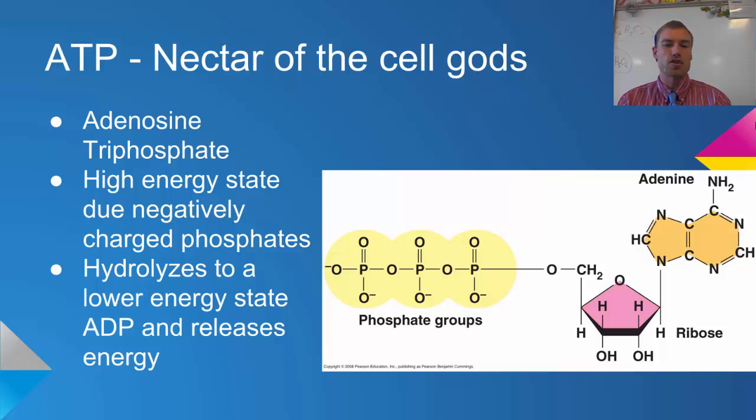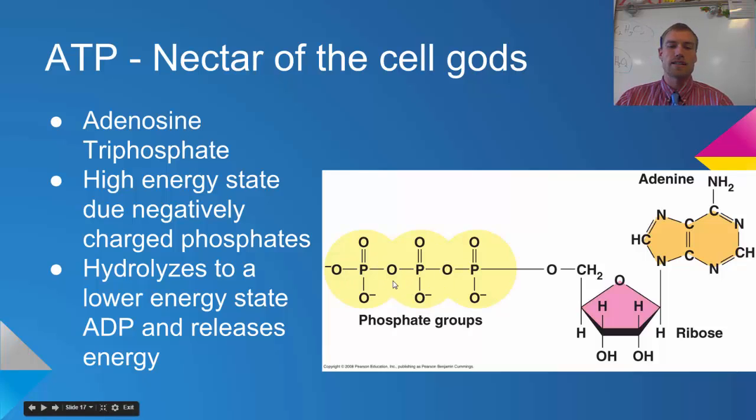That is adenosine triphosphate. You can see that it has a pentose sugar right here, and then it's got an adenine nitrogenous base right here, and then it's got three phosphate groups, hence the triphosphate. It is a very high energy state, and the reason why is that all of these negative charges on the phosphates are all pushing and repelling away from one another.